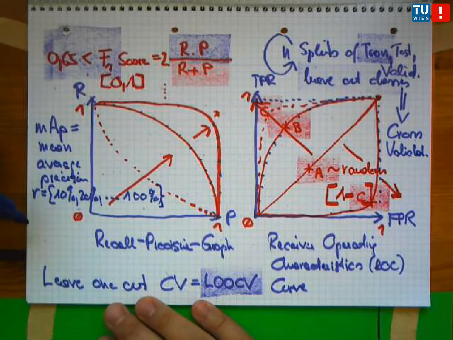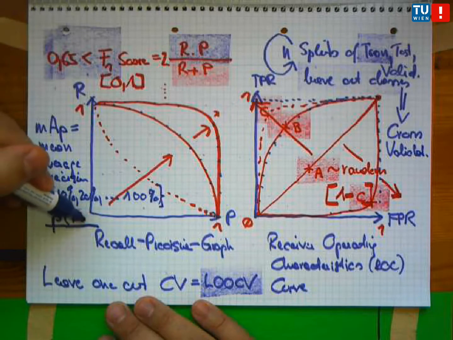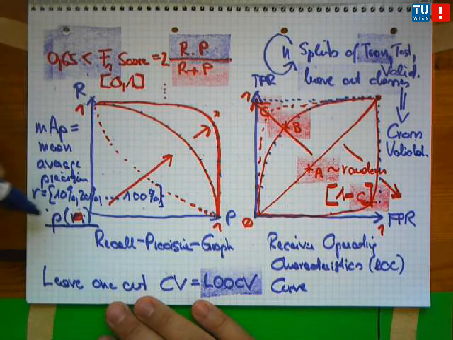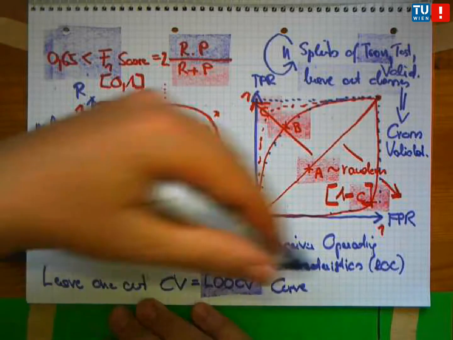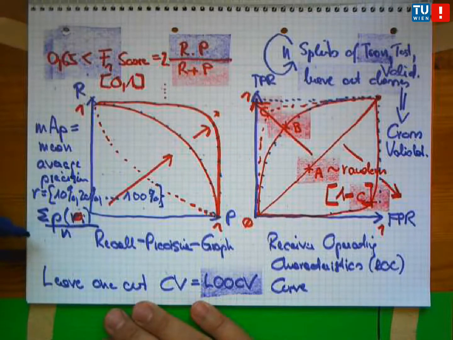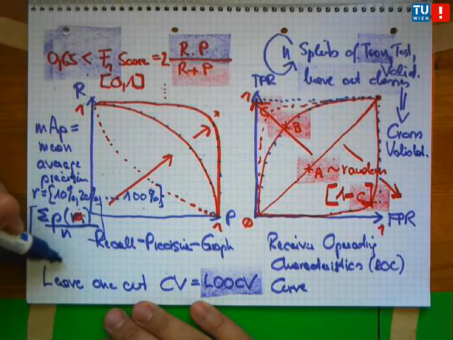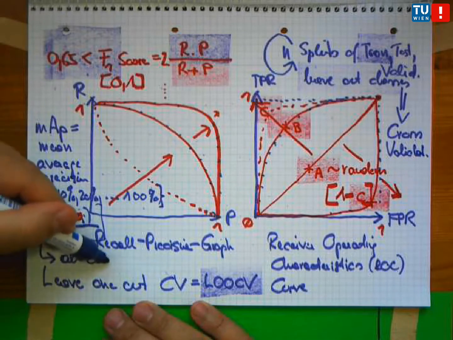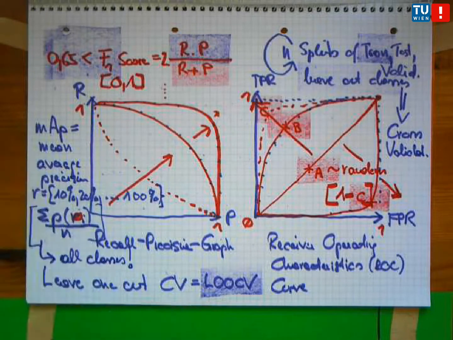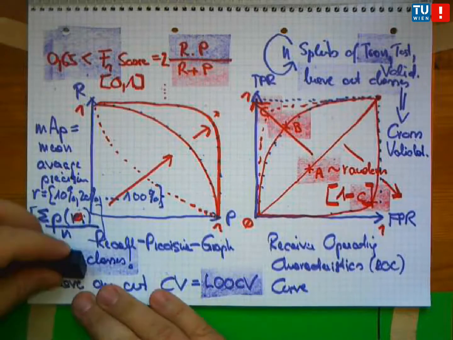And then you measure and summarize the average precision at those recall levels, and divide by the number of levels. That is the average precision. And if you do that over all the classes, then you end up with the mean average precision.